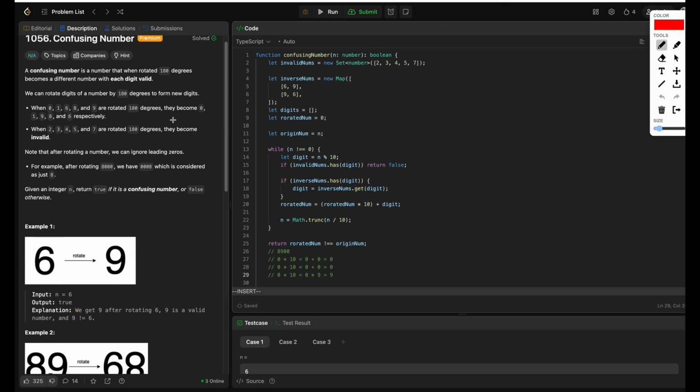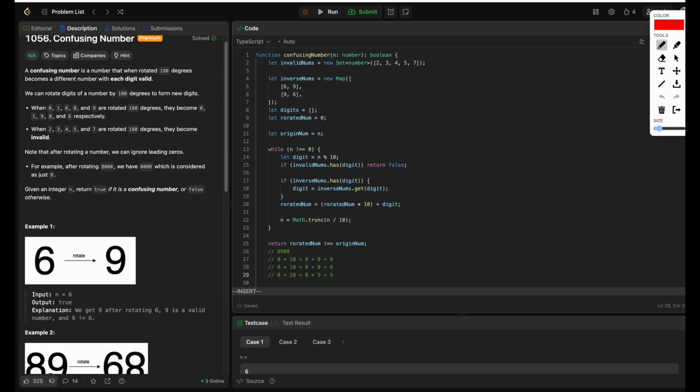Then we have to handle the leading zero. For example, if we have 8,000 and we rotate this number, we have a leading zero, and in our example we have to ignore this leading zero and consider this number without it, just an individual 8, as a one-digit number.